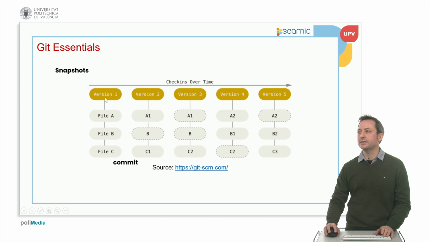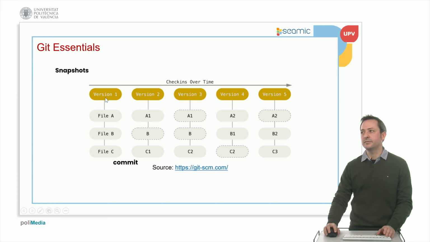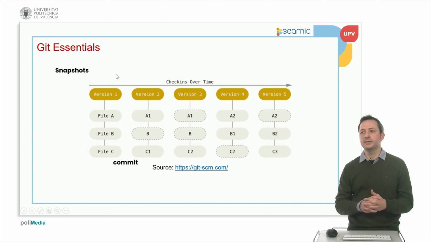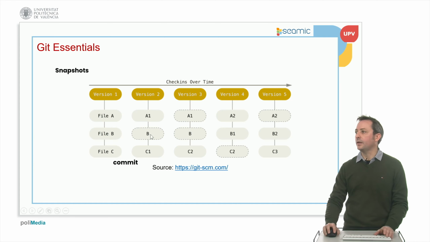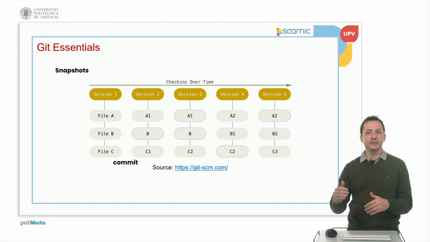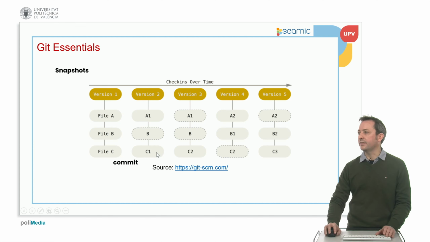And we create this snapshot 1 as the first version of our code. Then we are writing these different files, and especially we modify file A by adding some instructions or deleting some instructions, and also we modify file C, changing some of the code.